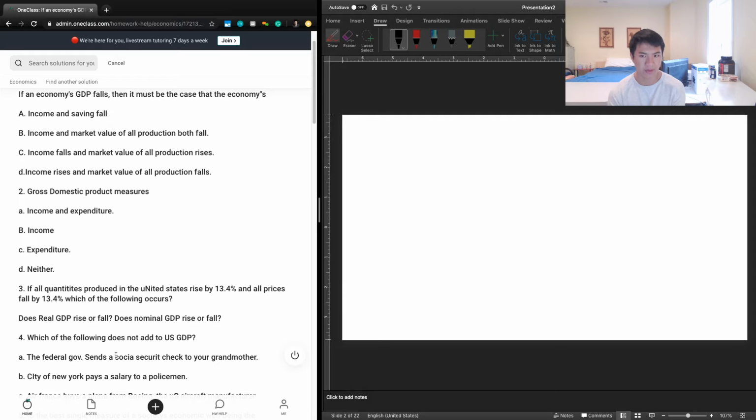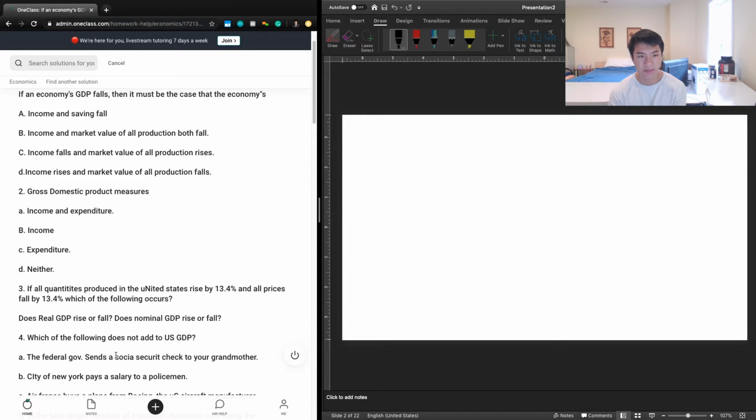Actually, a fall in savings is going to contribute to a GDP rise, because if savings fall, then consumption increases, and that's going to increase GDP. Therefore, we're not going to see A as a viable answer choice.